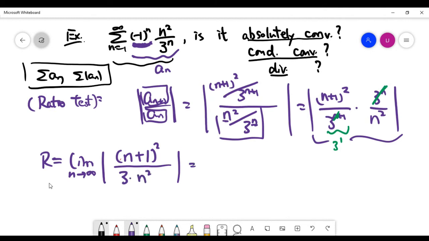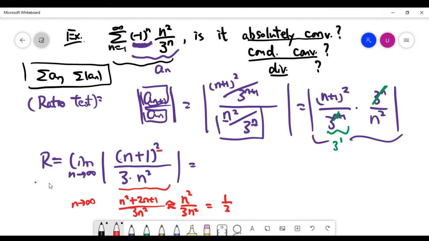This fraction is the same as n squared plus 2n plus 1 at the top, after expanding the square, divided by 3n squared. As a rational function in n, when n goes to infinity, only the highest power term matters, which means we can make it look like n squared divided by 3n squared. So the answer to this limit is 1 over 3.